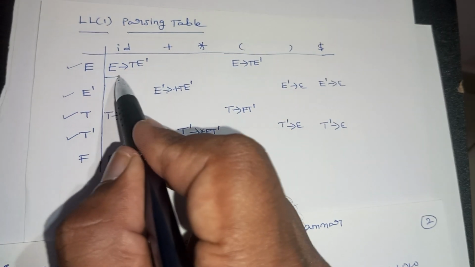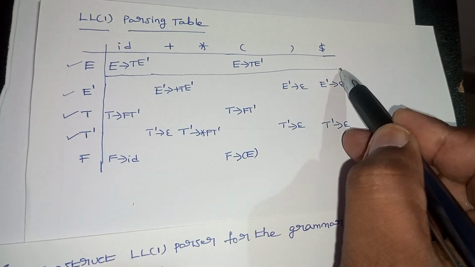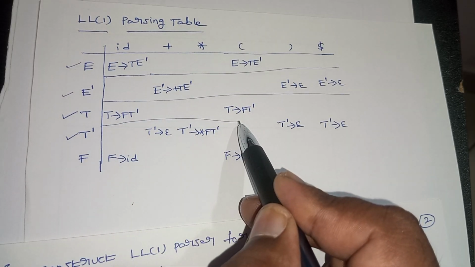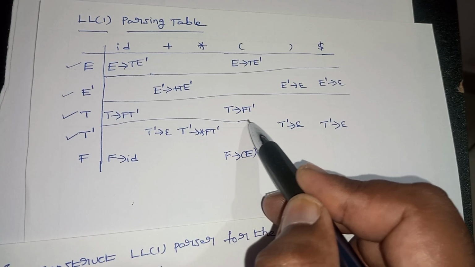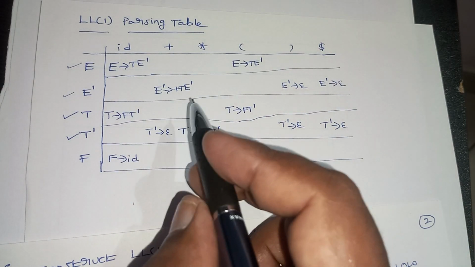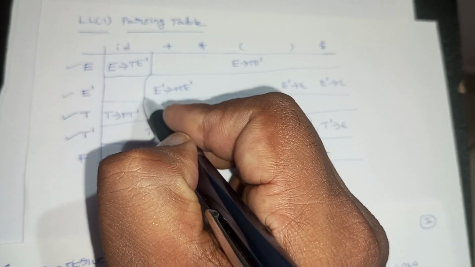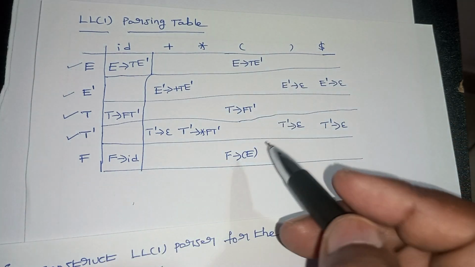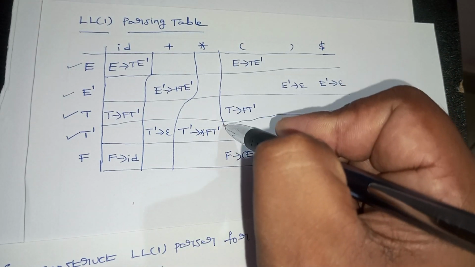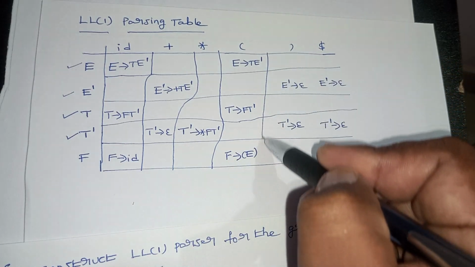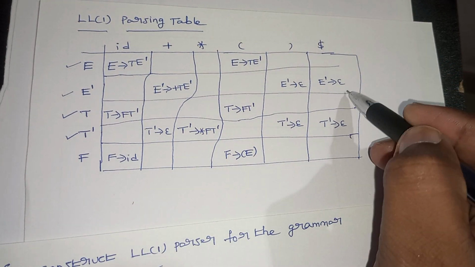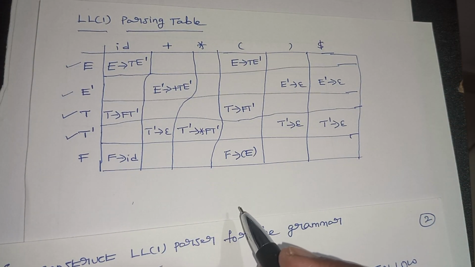You take columns like this to avoid confusion. Okay, this is the LL(1) parsing table.